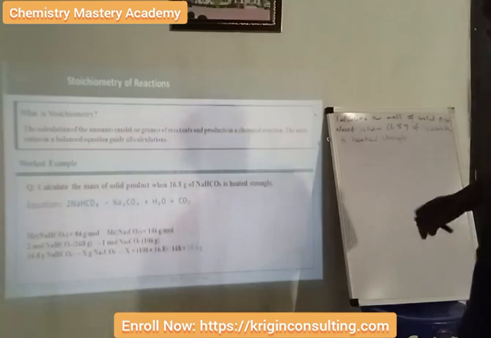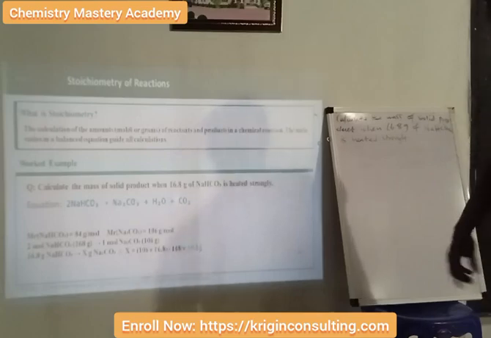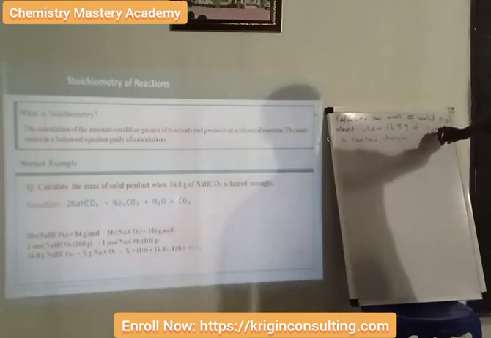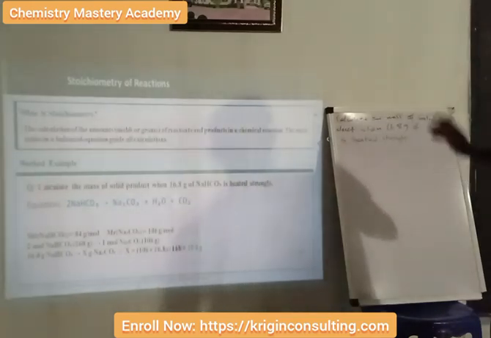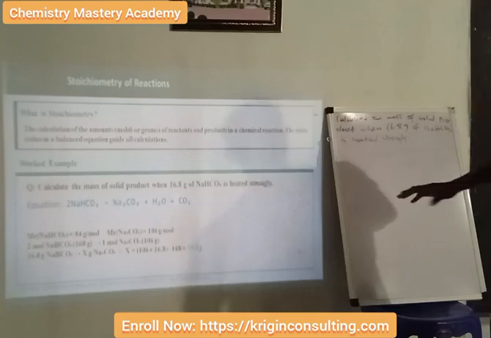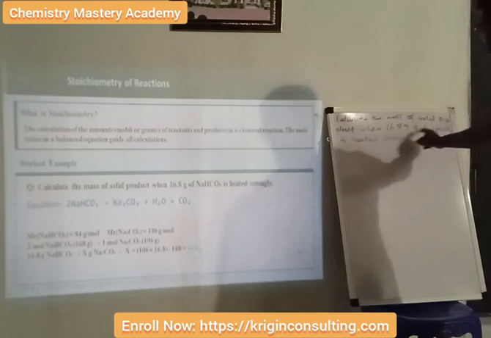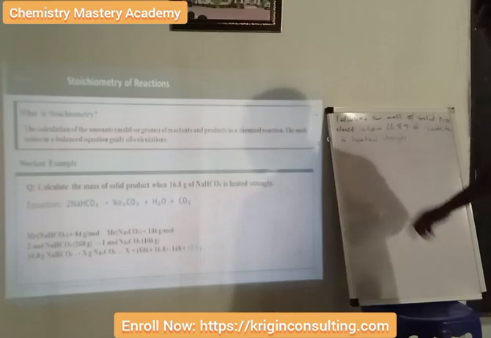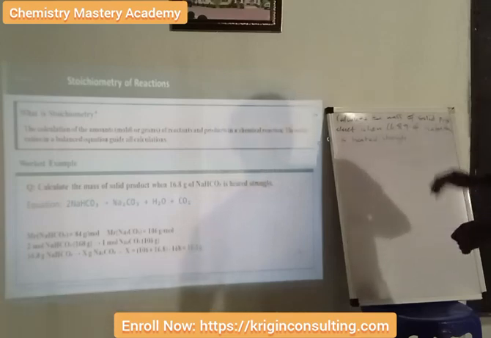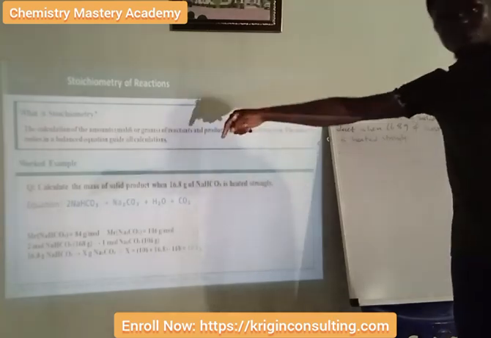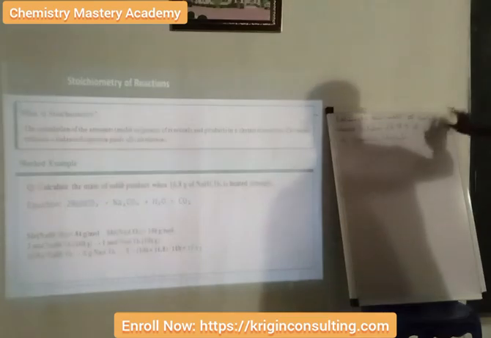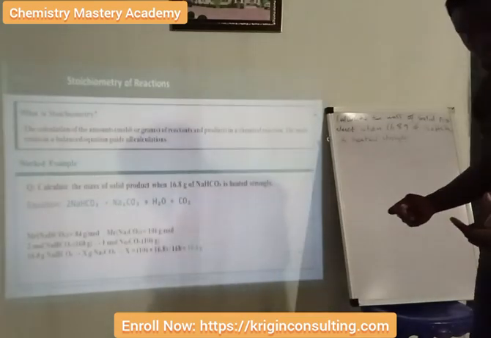They are saying that the reactant in this case is NaHCO3. And then, after having given us the mass of that reactant, which is 16.8 gram, they're asking us for the mass of the product that will be formed when this NaHCO3 reacts.